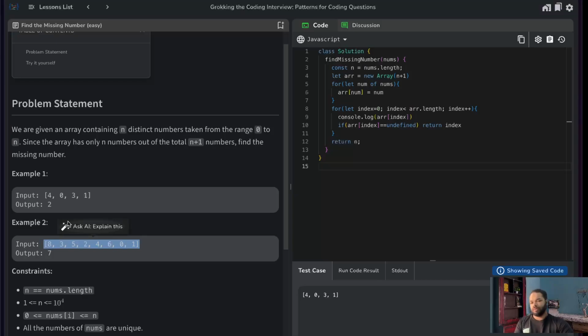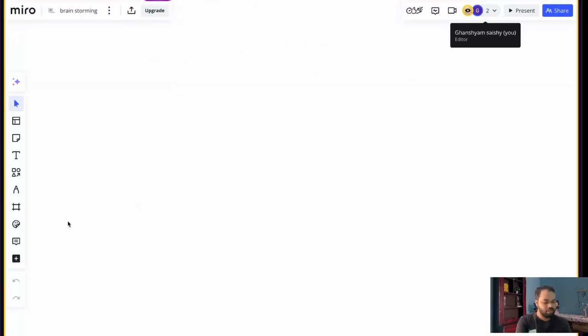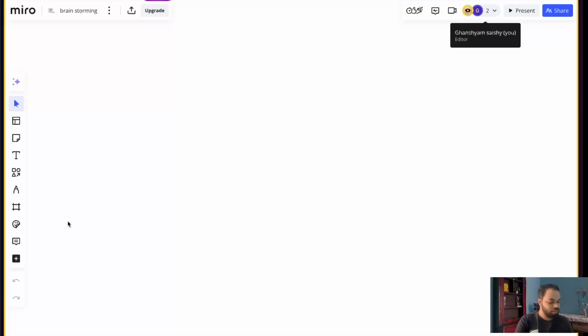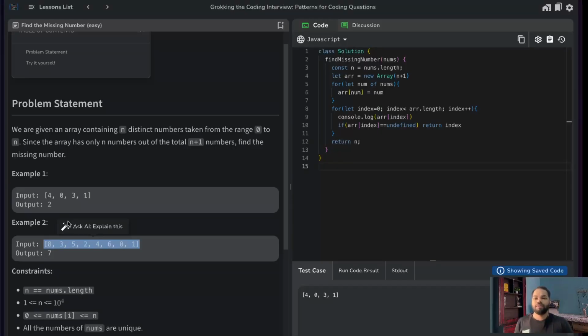I'm thinking about it. We might sort it somehow. If you see here, let's pick an array 4 0 3 1. Here is the array. And we know for sure all the numbers it contains are from 0 to n, right?